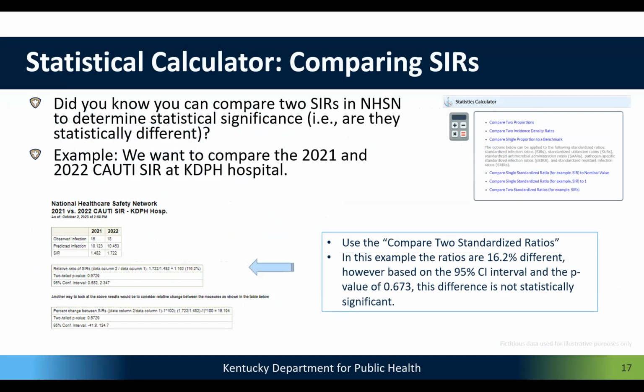However, we can use a statistical analysis to determine whether or not this difference is statistically significant. Based off of that two-tailed p-value of 0.67, based on an alpha or a p-value of 0.05, we can determine that this difference is not truly statistically different.